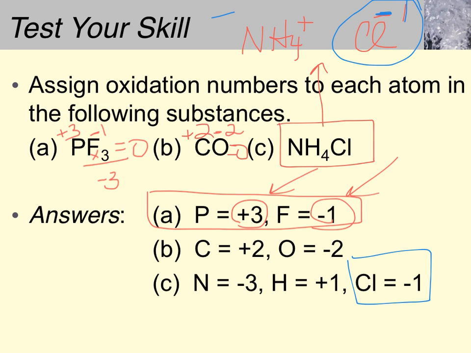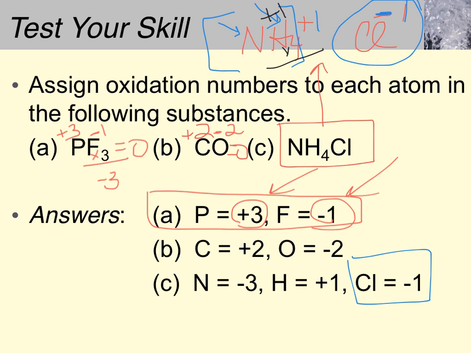Ammonium overall has a charge of +1, but I have to assign oxidation numbers to the individual atoms. I know that for hydrogen, the oxidation number is almost always +1. That was one of our rules. So I'm going to go ahead and write a +1 for hydrogen.